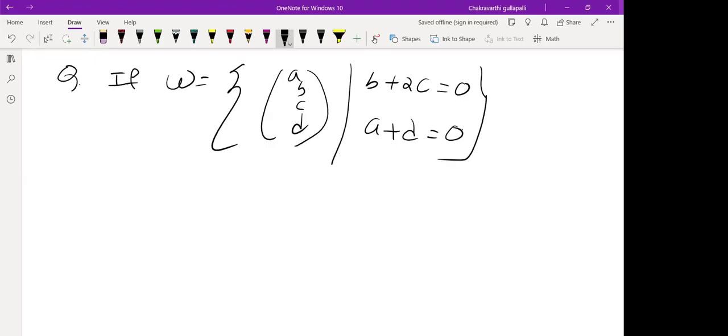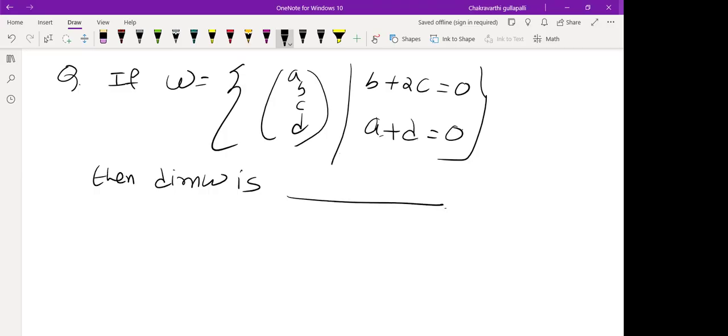Two conditions are given. They are independent, with no variable in common: here B and C, here A and D. These are called restrictions, independent restrictions. Independent restrictions means no variable in common. Then what is the dimension of W?